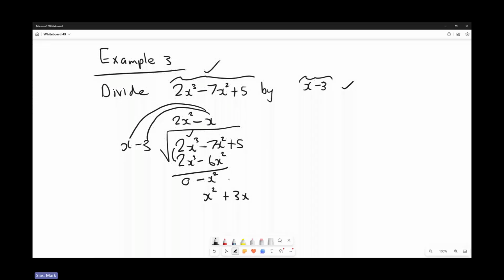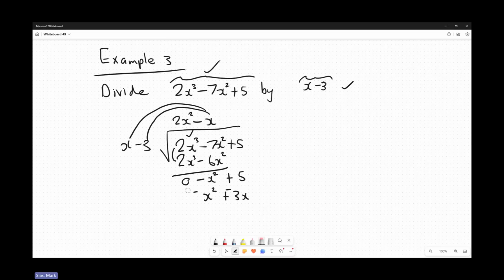In the meantime, you can bring down your 5. It has no bearing really, but you can bring it down. And then we subtract again. There'll be a sign change happening here and there.